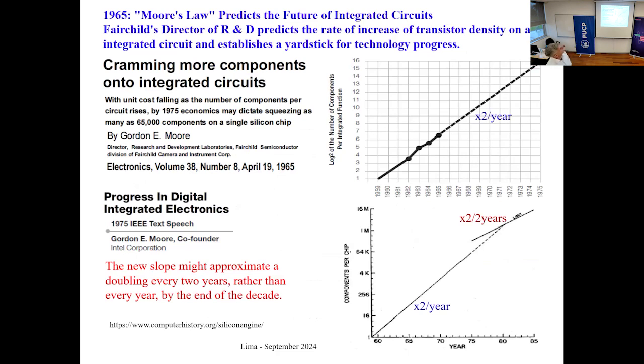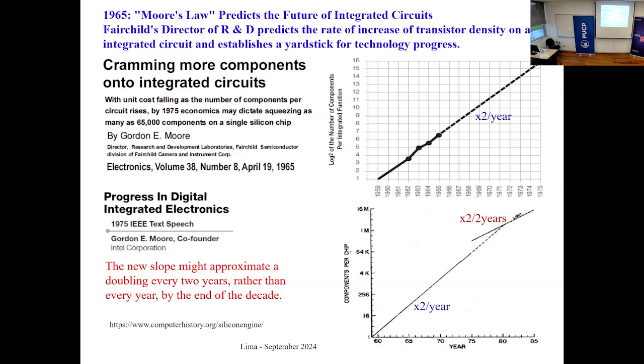Now, something about Moore's law. Moore was one of the founders of Intel. He founded Intel together with Bob Noyce. In 1965, Moore said that each year, the number of components in an integrated circuit will double.